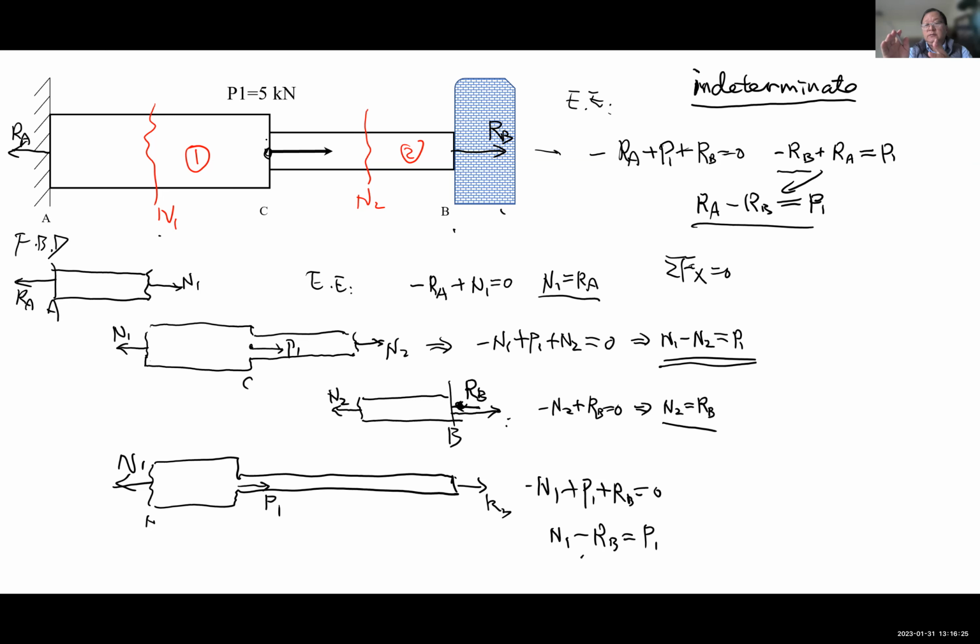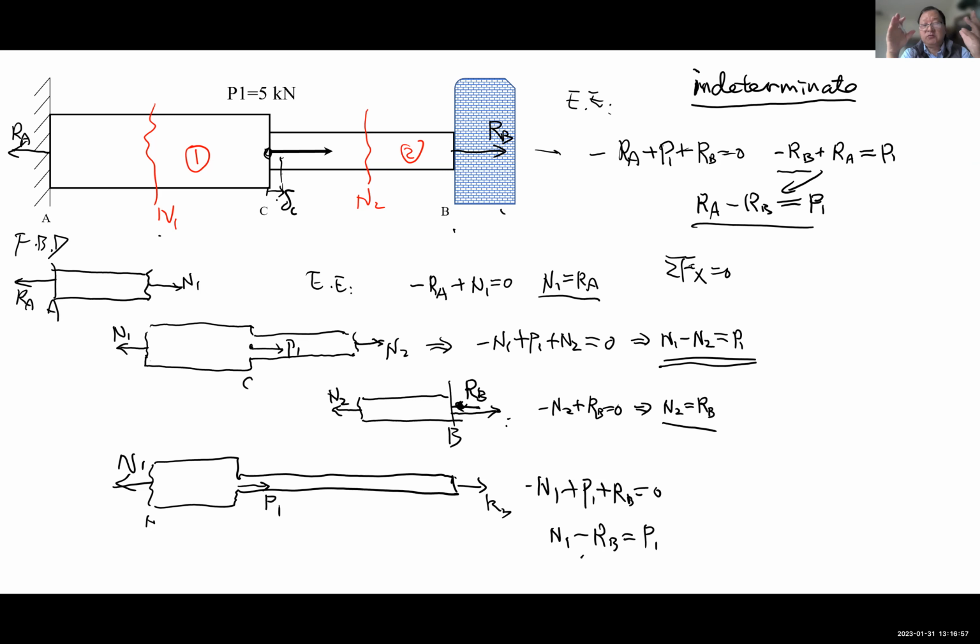If the structure is safe, and we'll talk about the small deformation situation, then if you pull this point C with a load, this C is going to move to the right a little bit, because the bar AC and the CB are all elastic, all deformable. So this point is going to move a small distance, let's call it delta C, from somewhere to somewhere here.